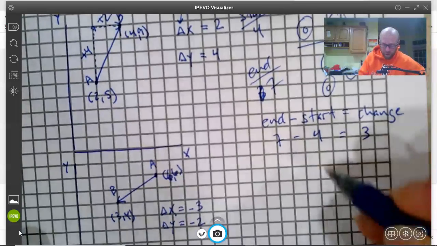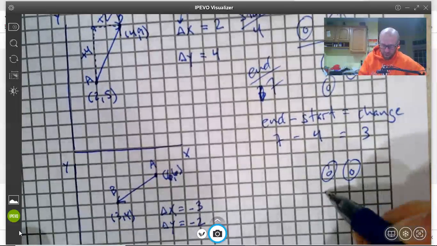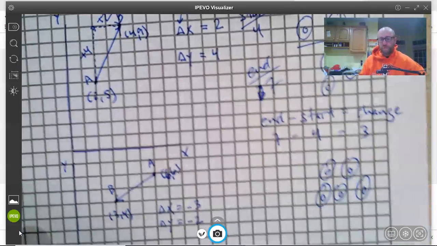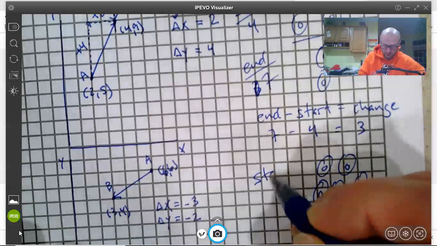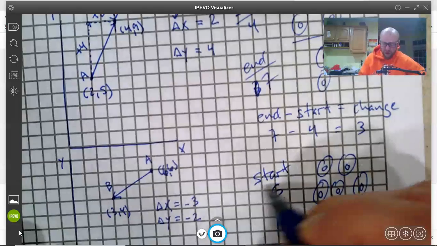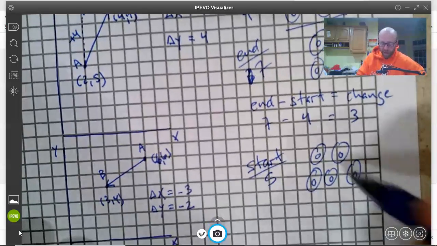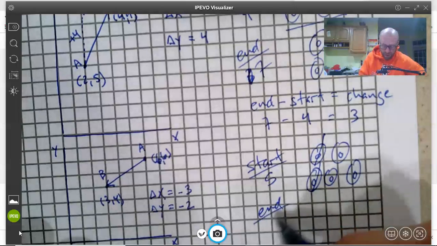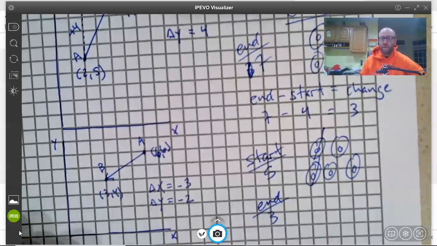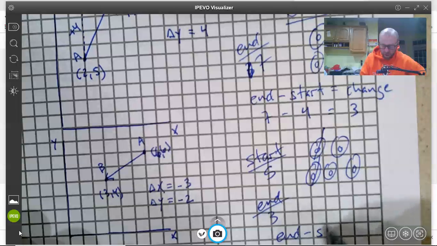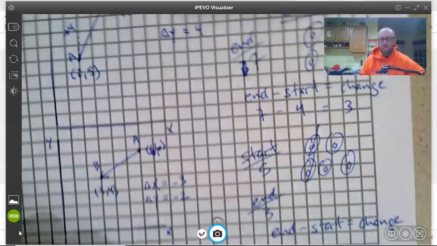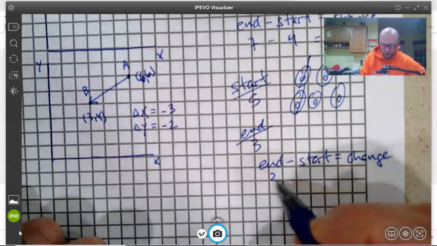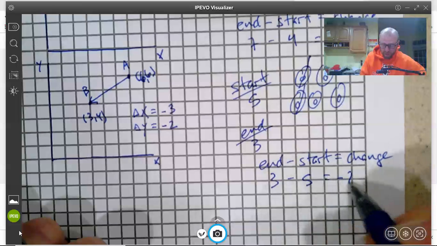Maybe on the other hand, I started with, say, 5 donuts, and then maybe I eat 2 of them. So I end with 3 donuts. And if I want to use my start and end values to calculate my change, I go end minus start equals change. 3 minus 5 equals negative 2.